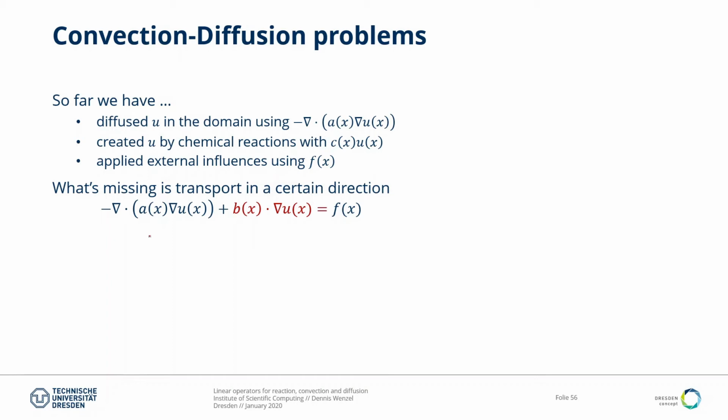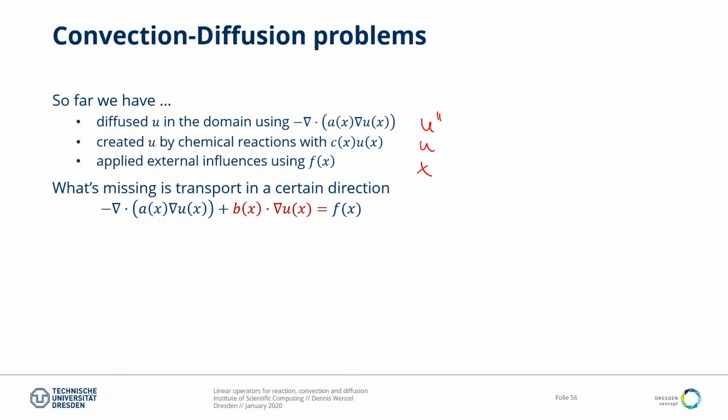So while the diffusion term had two derivatives, so divergence of gradient, right? And the reactive term had no derivative, so just c times u, and this external influence F didn't even contain u. So that would be like, this is u double prime, this is u zero prime, and that is without the u at all.